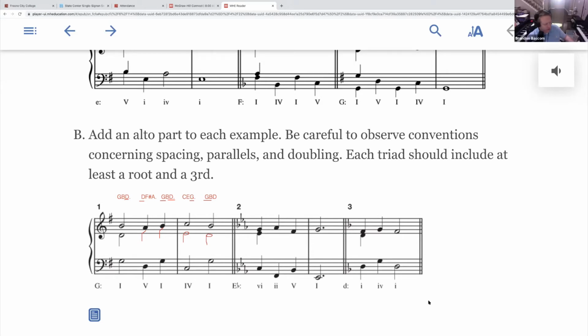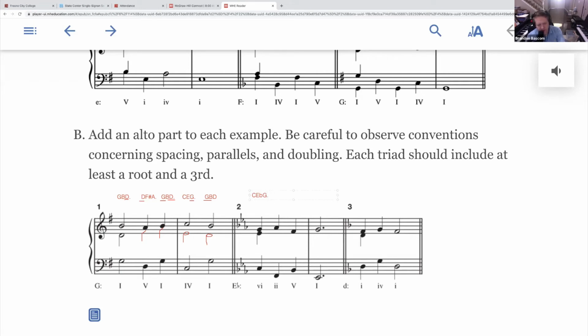All right, next example. We are in E flat. We are starting on our 6 chord. Sorry, a little dyslexia this morning. A 6 chord in the key of E flat is C, E flat, G. They did it all for us.